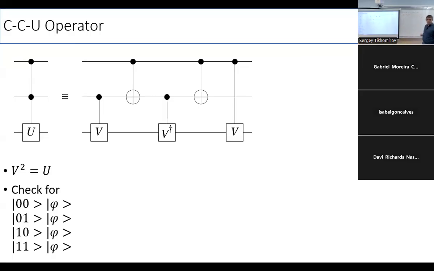So what will control V do? Nothing, because the control is 0.